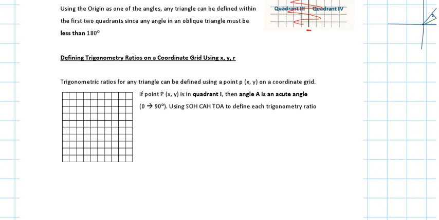So, if I have a point, x, y, in quadrant 1, then we know that angle A is an acute angle. Let's look at that. Give me a point in the first quadrant that I can fit here.